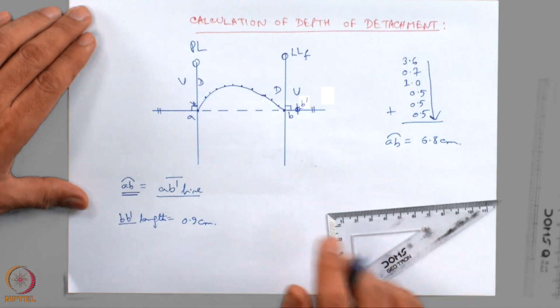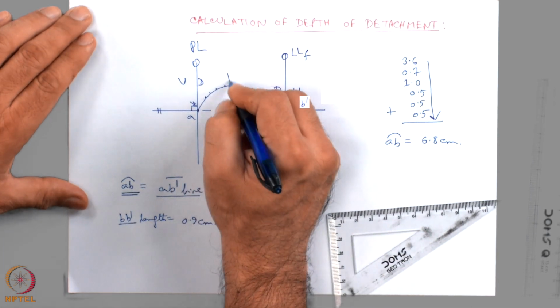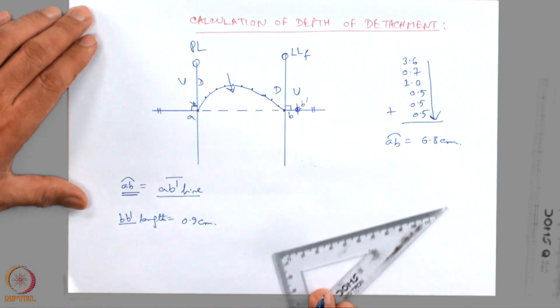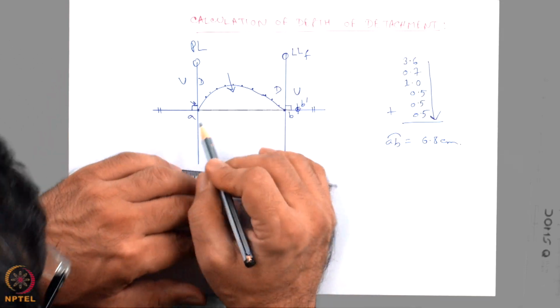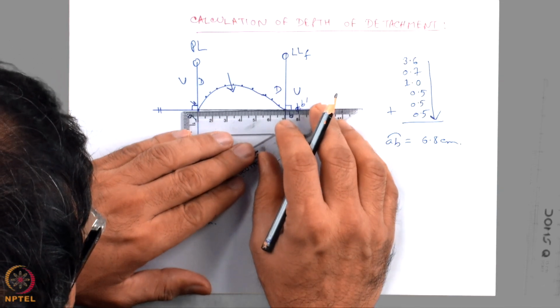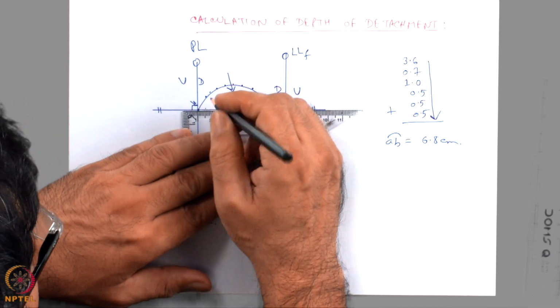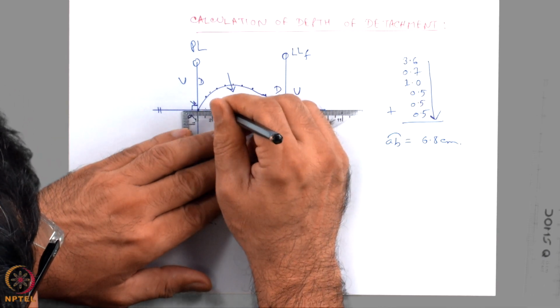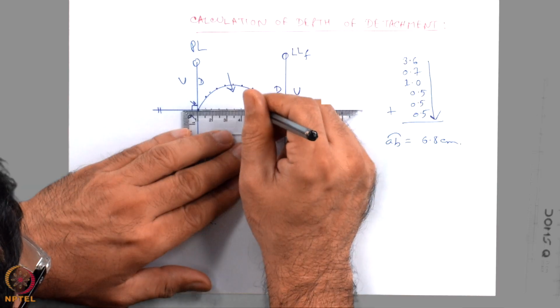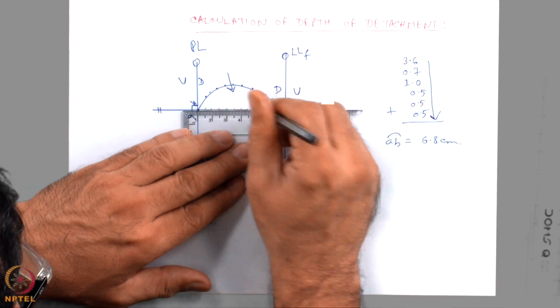Now, I have to find out the area of this irregular geometry. To do that, I have to divide the AB line into several smaller linear segments. I take an interval of 0.5 centimeter and put several dots at 0.5 centimeter intervals.